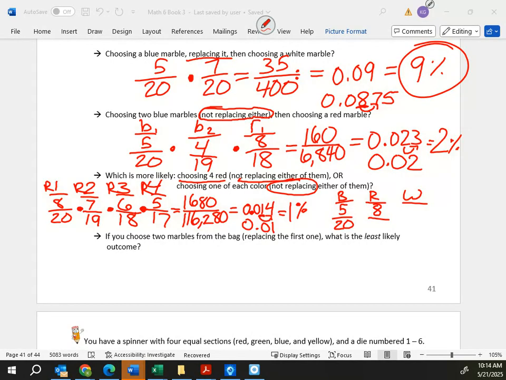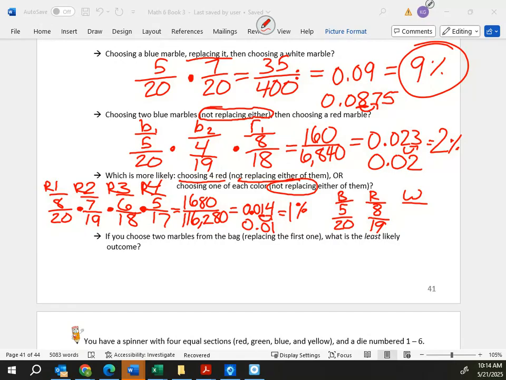If you ever see not replacing in your problem, circle it so you remember that our total number is gonna go down. So what is our total number, Liam? 8/19, because we didn't replace our blue, so it went down to 19.